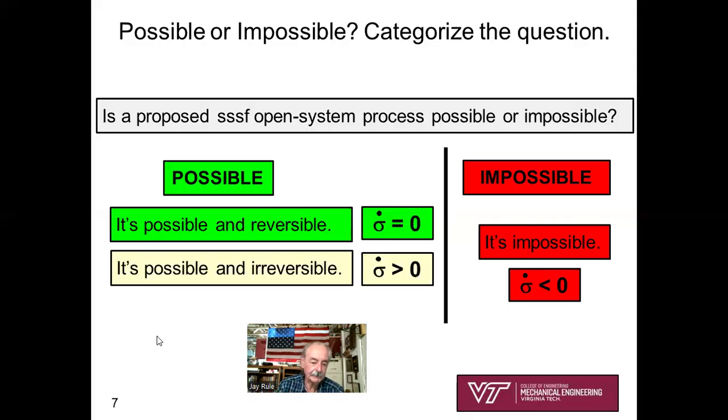You've got two situations. If sigma dot exactly equals 0, you have shown that the proposed process is both possible and reversible. If it's numerically greater than 0, it is possible and it's an irreversible process. The process has got some kind of irreversibility in it. We're going to be able to quantify that shortly in another video.